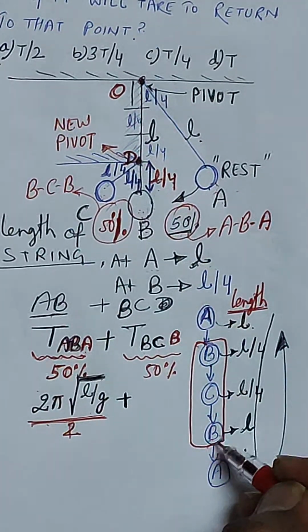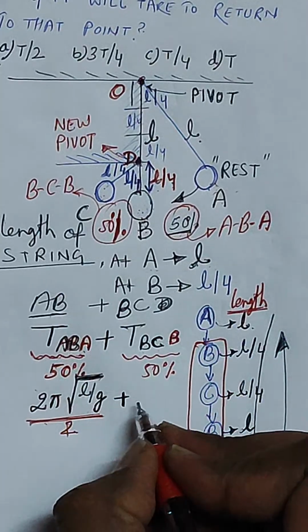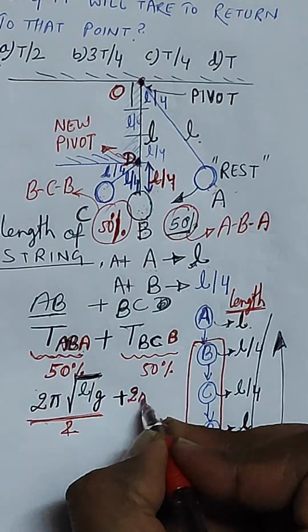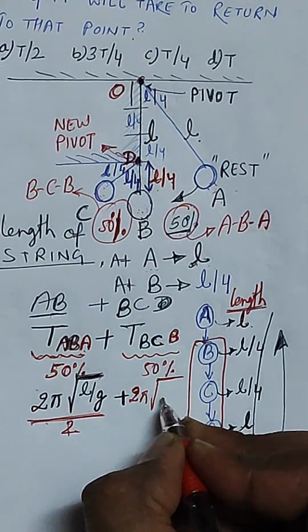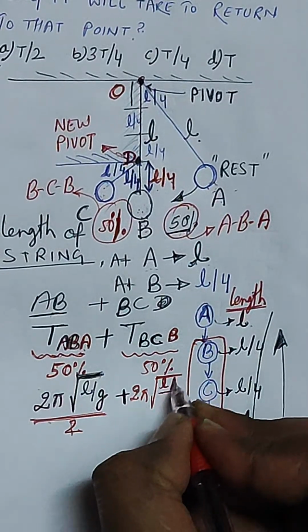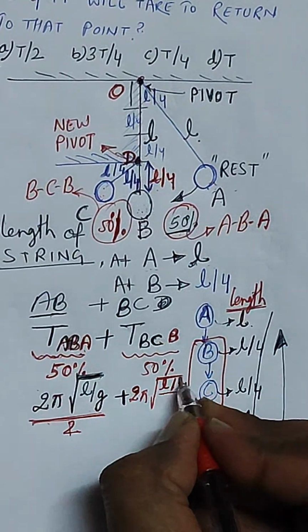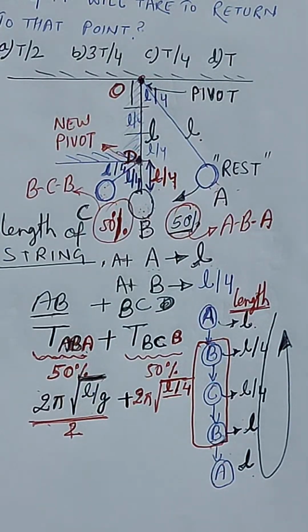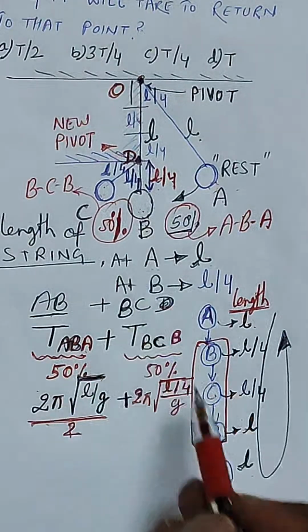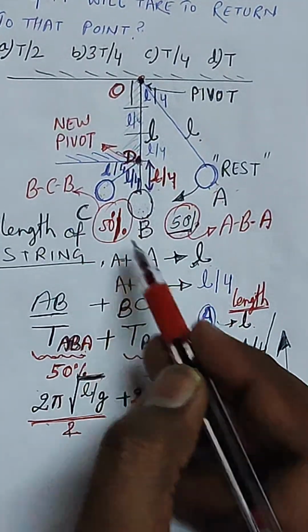So the time period of the oscillation will be nothing but 2 pi root over L by G, but instead of L it will become L by 4, isn't it? 2 pi root over L by 4 G, and this will cover only 50% of the journey.